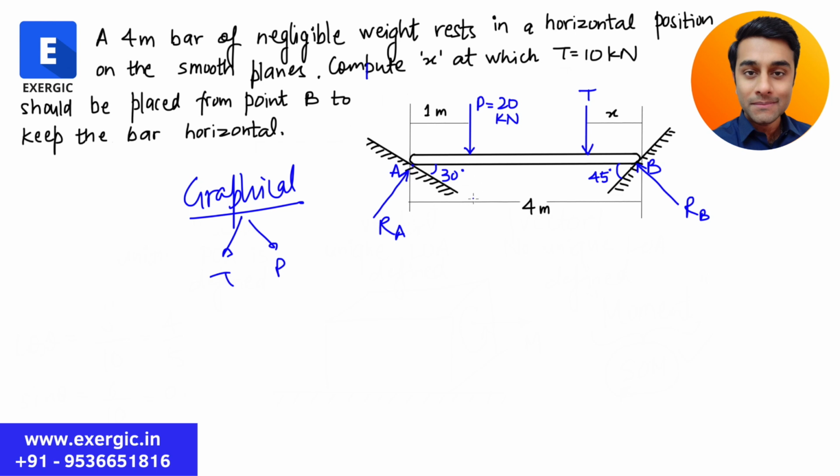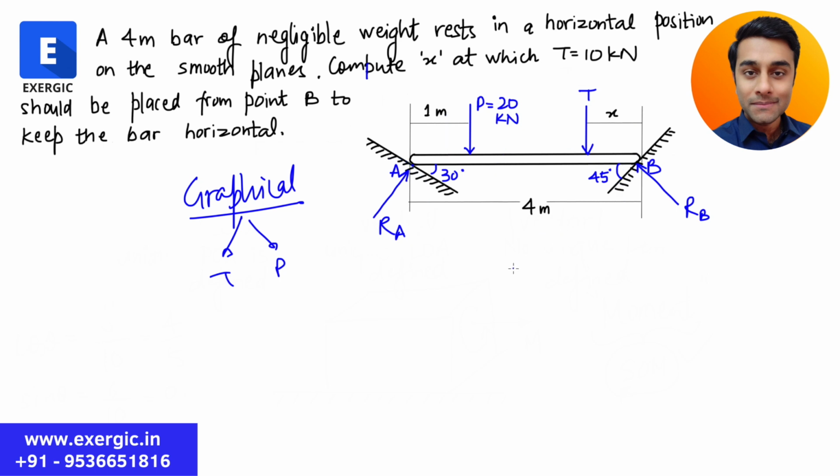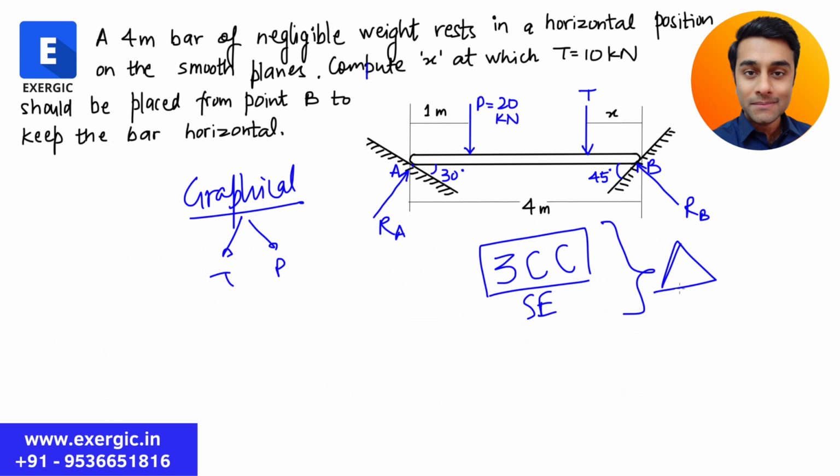In this case, you will say that, sir, there are 1, 2, 3, and 4 forces acting. And sir, as you have taught us, if we have 3 coplanar concurrent forces in static equilibrium, they are going to form a triangle, right or not?